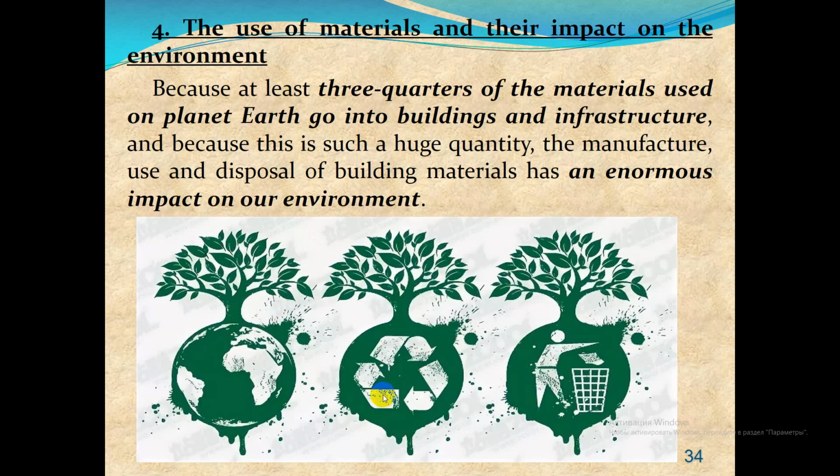And now we consider the use of materials and their impact on the environment. Because at least 3/4 of the materials used on planet Earth go into buildings and infrastructure, and because this is such a high quantity, the manufacture, use and disposal of building materials has an enormous impact on our environment.